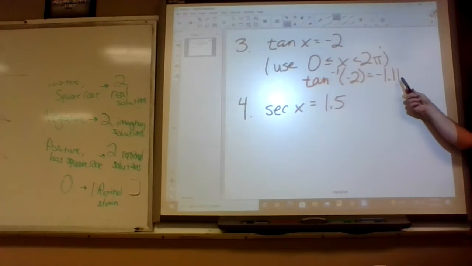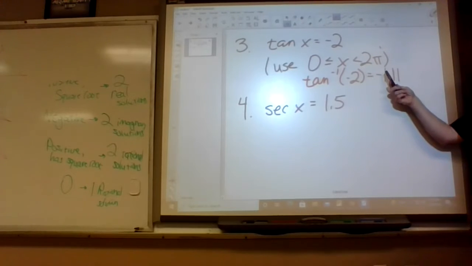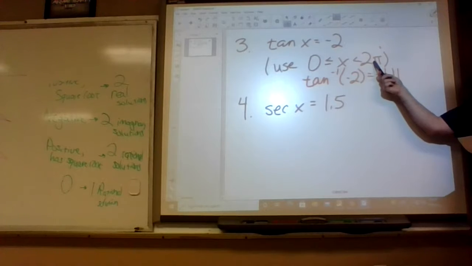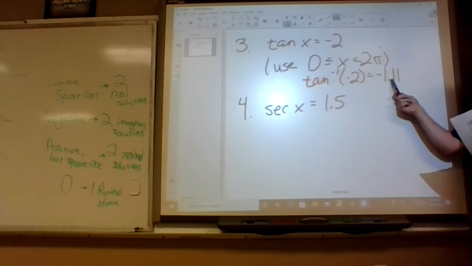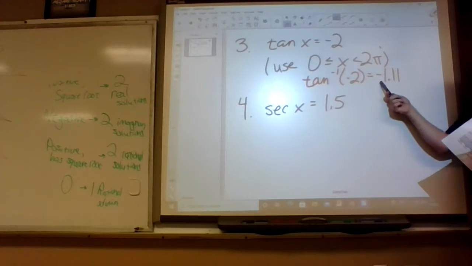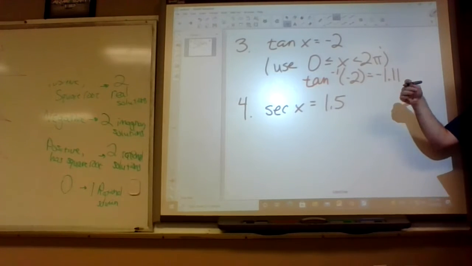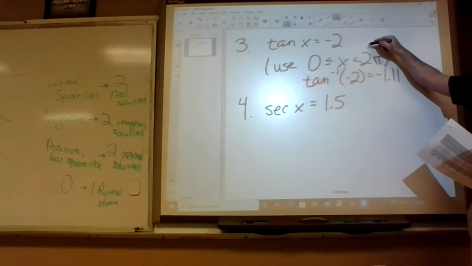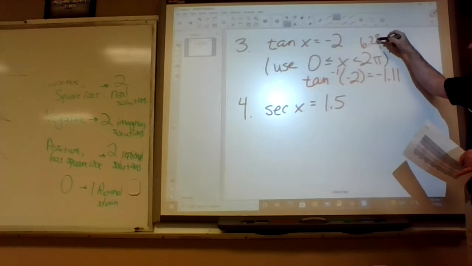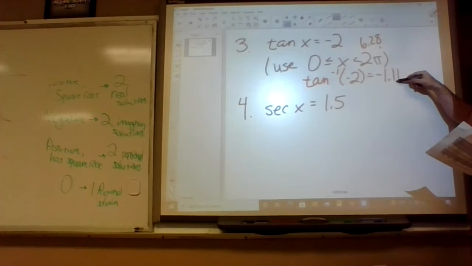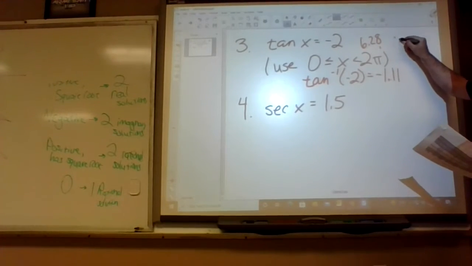All right. So -1.11 is not between 0 and 6.28. It's negative. So this is a 4th quadrant angle, and we have to turn it into a positive 4th quadrant angle. We do 6.28, that's 2 pi, minus 1.11, and we get 5.17.